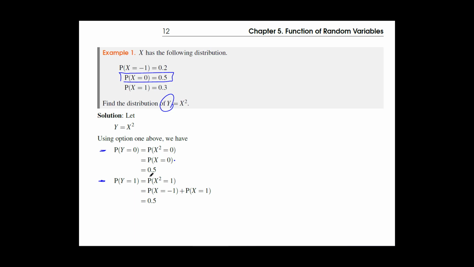Similarly for 1, we solve the equation x squared equals 1. In this case it has two roots. We're going to call the first root x1 star, where the star means root. The second root of this equation, we're going to call x2 star.